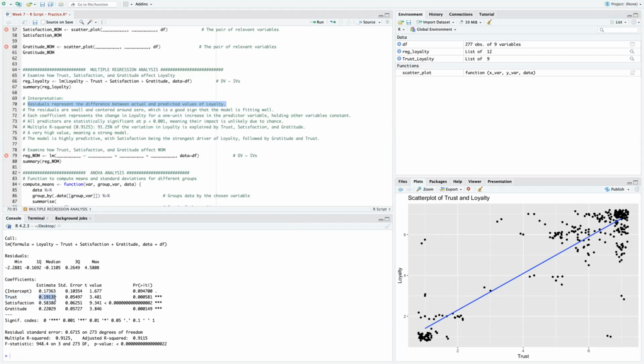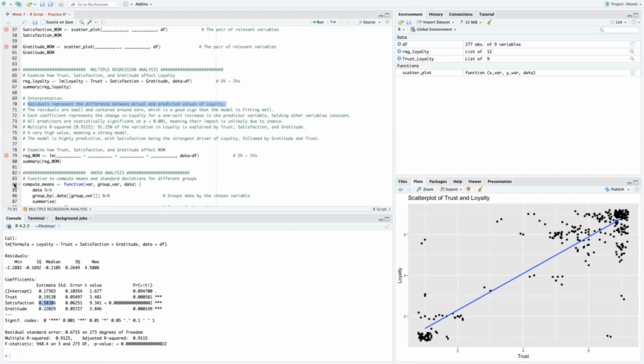And you also have the coefficients, right? Each coefficient represents a change in loyalty for a 1 unit increase in the predictor variable, holding other variables constant. All right. So for instance, for a 1 unit increase in the satisfaction variable, holding other variables constant, the change in loyalty will be 0.58.